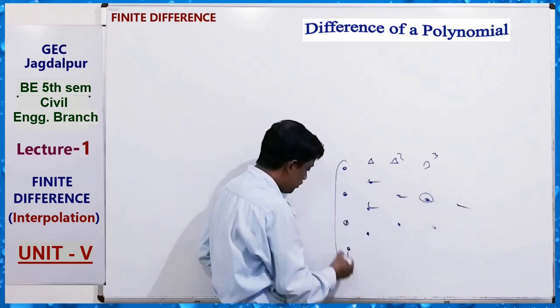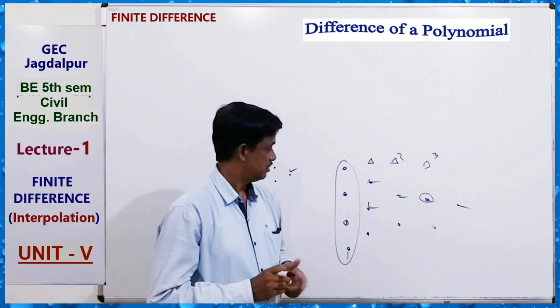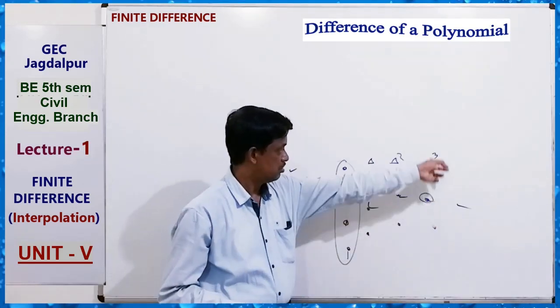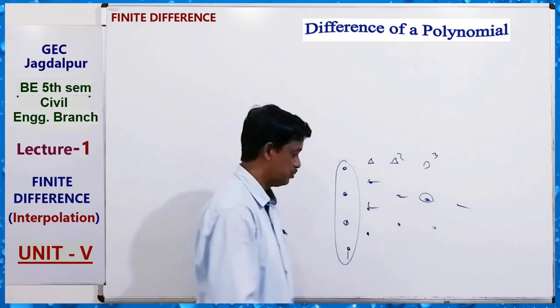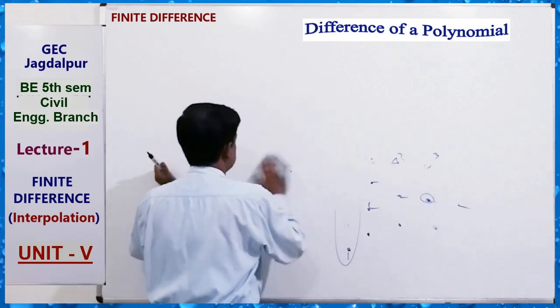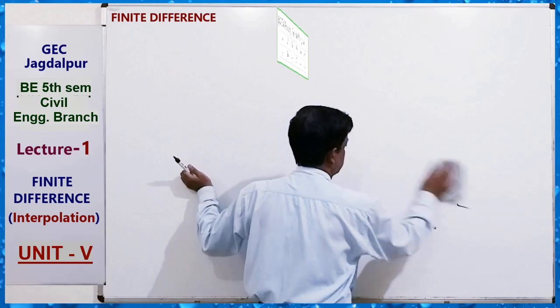So if we are given 4 entries, then we can approximate the function as a third degree polynomial, constant. Clear? So by taking this concept, just solve a question.